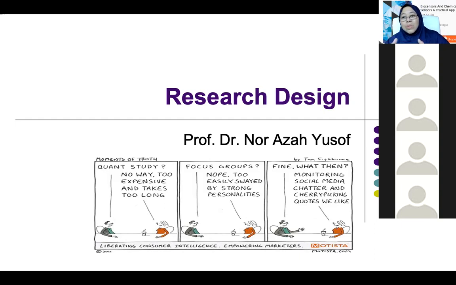But the solution, we have the solution in general, and how do we design the experiment so that we can answer the objective? So we design the experiment to answer the objective.